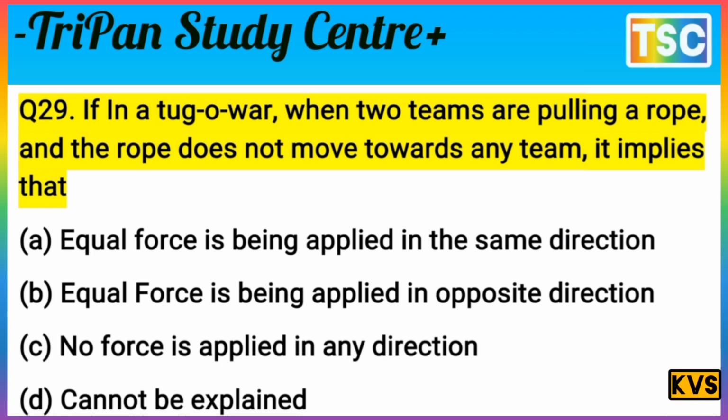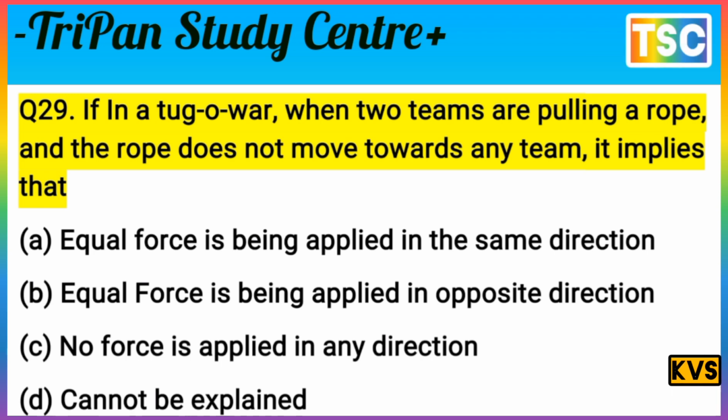If in a tug of war, two teams are pulling a rope and the rope does not move toward any team, it implies that equal force is applied in the same direction. No, same direction is wrong, but equal force being applied, that's right. Same direction would mean a move toward one team, but it has not moved toward any team.